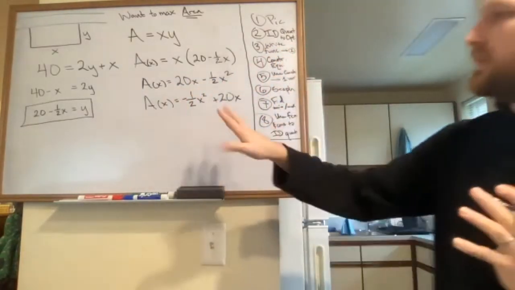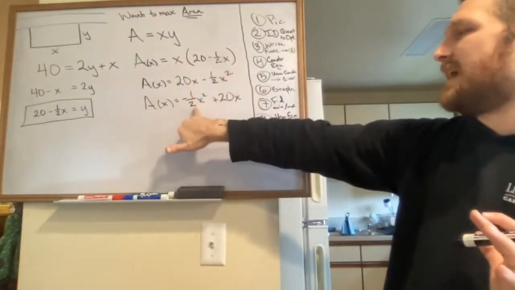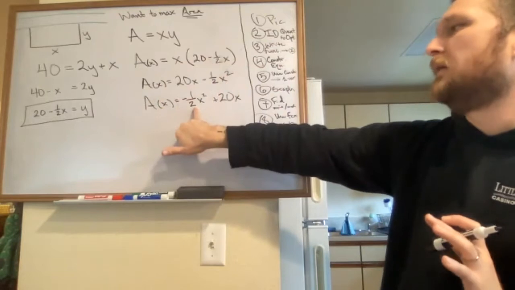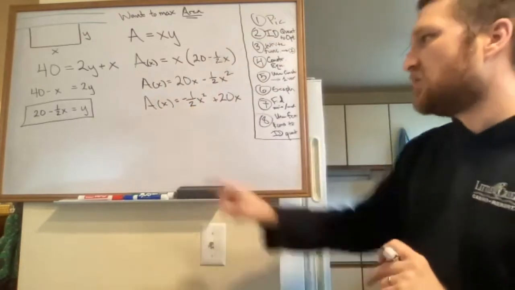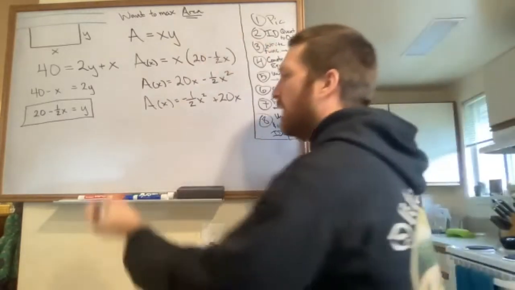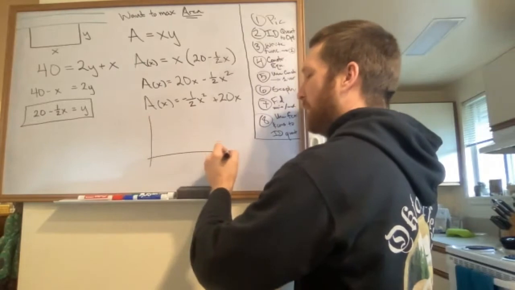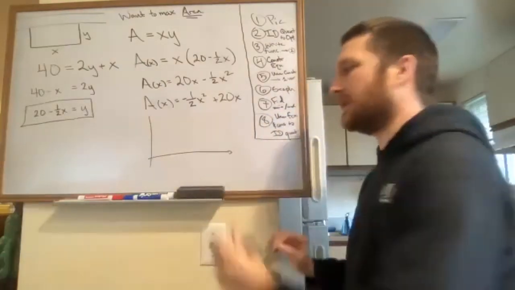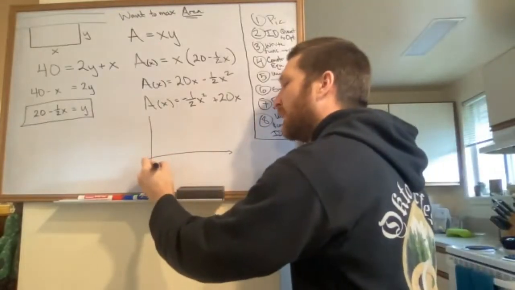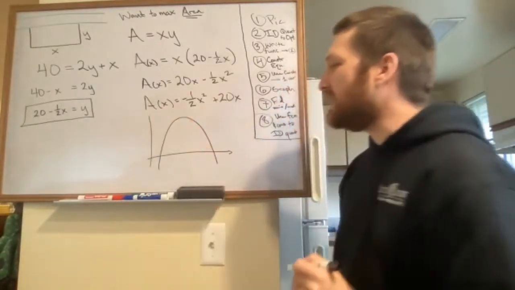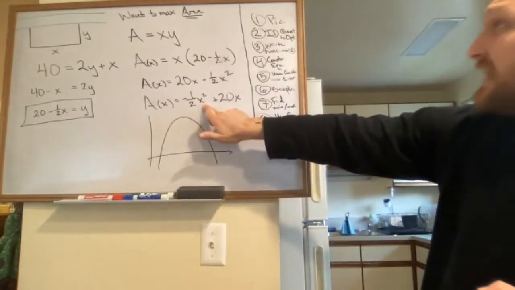First off, this has to be a downward facing parabola because the a term is a negative number. So it has to be a downward facing cup, which is what we hope for. We don't have to graph this perfectly. In fact, we don't even have to use axes really, but I'm going to. The idea is that it's a downward facing cup, and that's what we hope for.